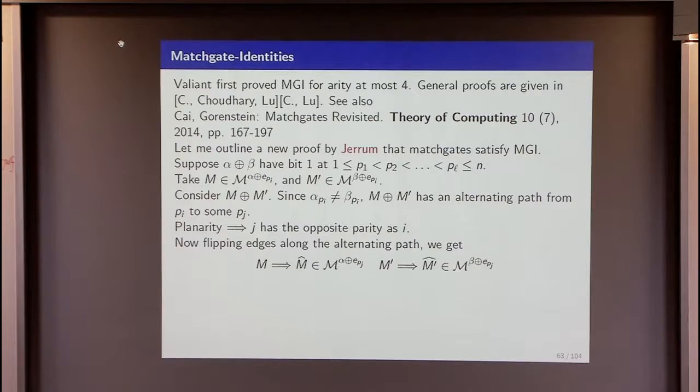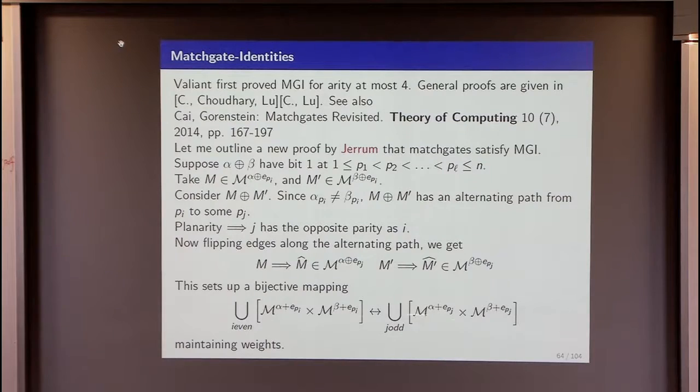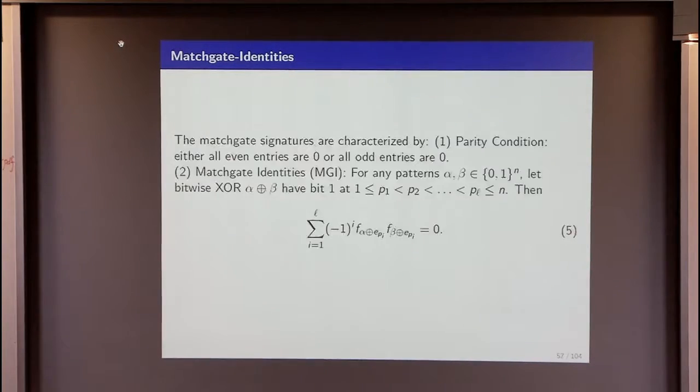From any I you get some j, and this is an involution. If you start with the flipped matching pair, you come back to exactly the original pair. So this sets up a one-to-one correspondence, and you can check the weights match and so on. This is exactly the negative signed sum term, and this is the positive sum term. Okay, go back to this. So the even and odd just alternate.